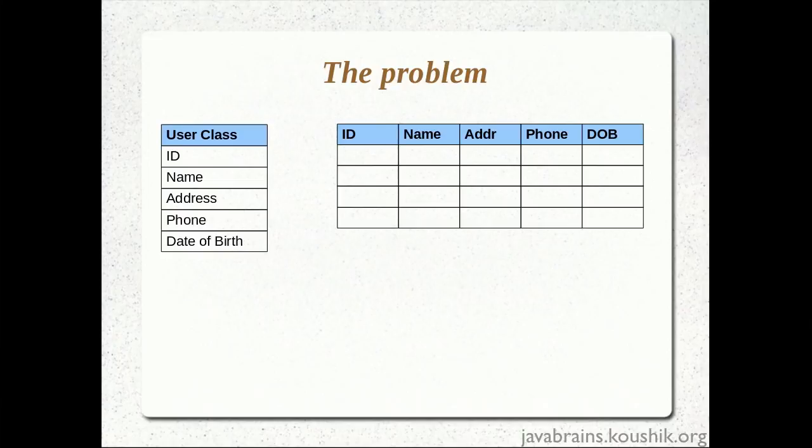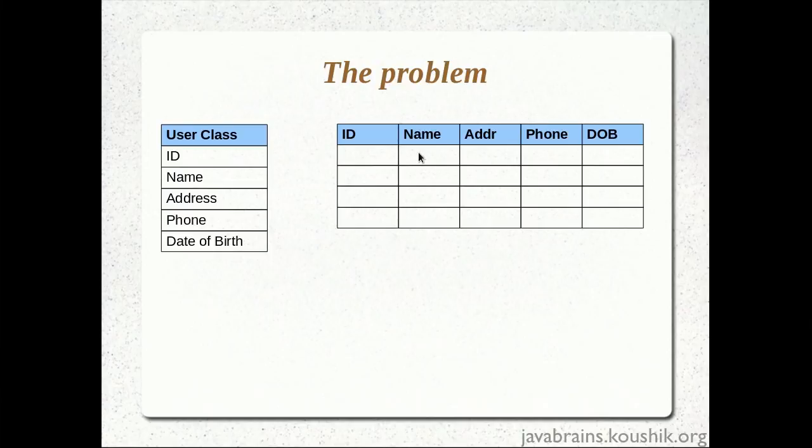I would take this user object, pull out all these fields, create a SQL query that does an insert, and insert it into the database. Depending on the user's information, that data would go as a SQL query and do the insert. In the same way, if I need to create the user object, I would have to do a select on this table, and once I do a select, I would probably get a record set.